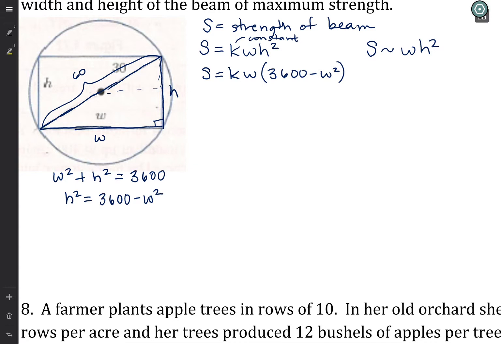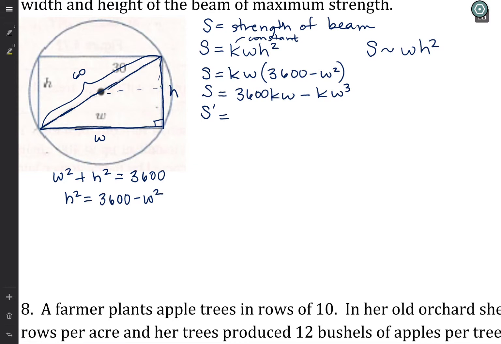Okay, so I'm going to go ahead and distribute before you take the derivative. You don't have to. You could use a product rule, but it just seems like a pretty quick step. So I will say that S is 3,600 KW minus KW cubed. And when I take the derivative, remember K is just a constant.